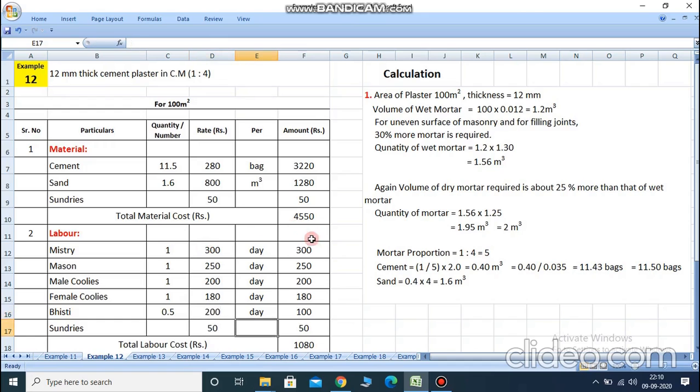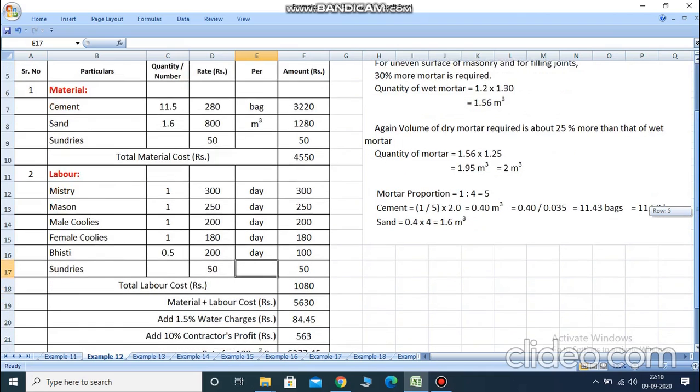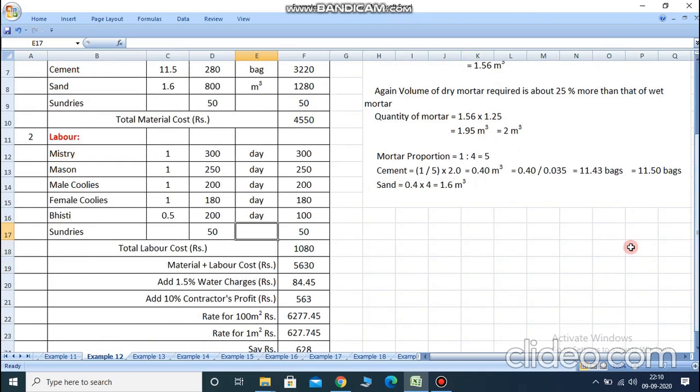So the summation of all these values: 300 multiplied by 1 is 300, 250 multiplied by 1 is 250, 200 multiplied by 1 is 200, 180 multiplied by 1 is 180, and 200 multiplied by 0.5 is 100, and 50 rupees extra. So total 300 plus 250 plus 200, 180, 100 and 50. We got the total answer of 1080 rupees as the labor cost.